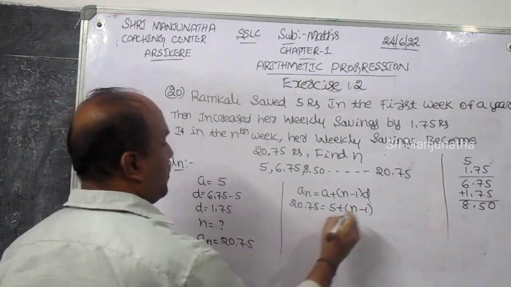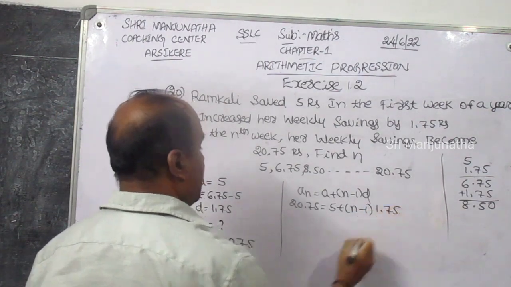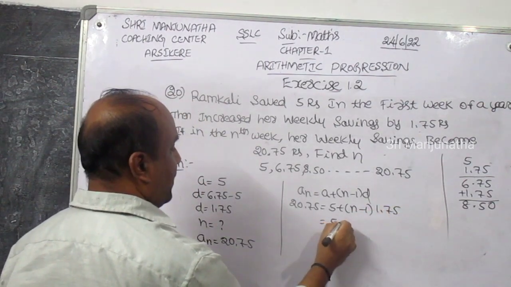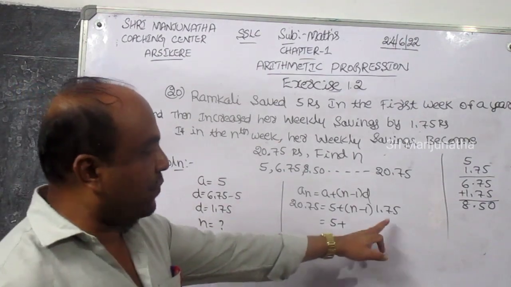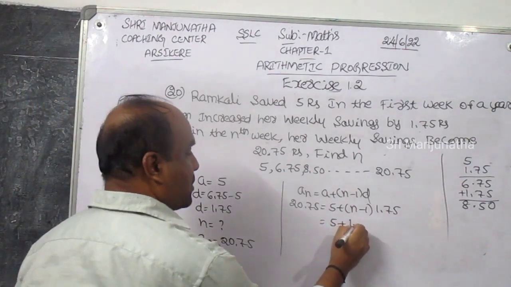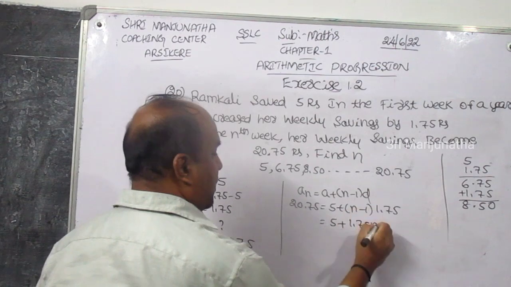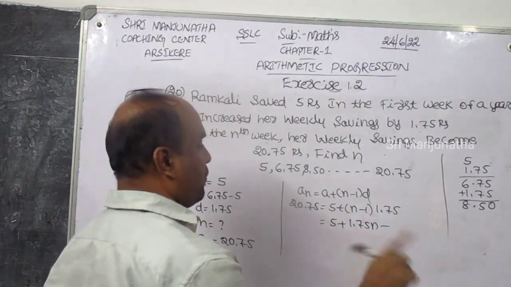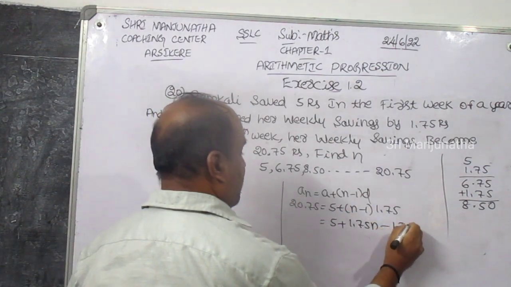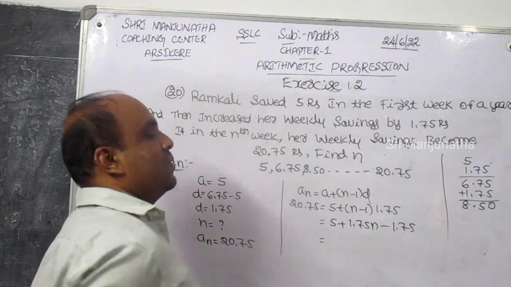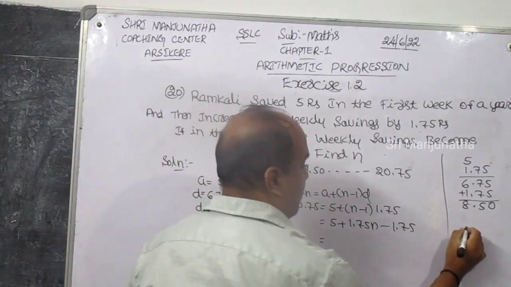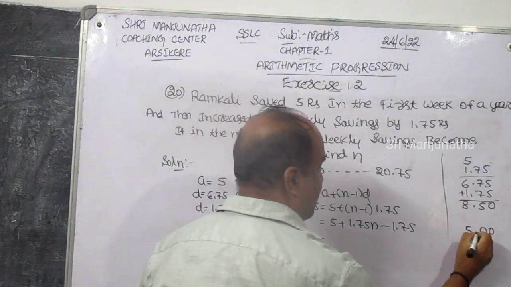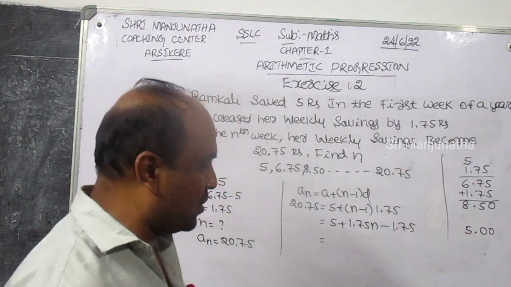D value is 1.75. 20.75 equals 5 plus 1.75 into N minus 1, that is 1.75 N, plus into minus, 1.75 ones are 1.75. Then 5 minus 1.75. Subtract this, 5 means 5.00.